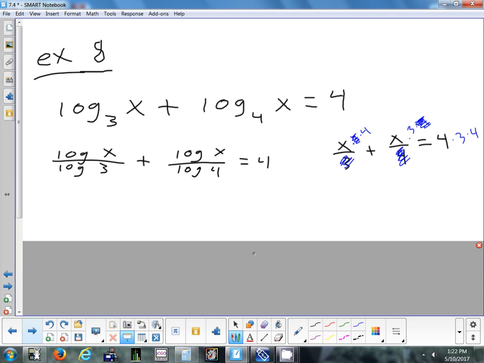Careful, not 3 and 4 worked on the other problem. But we don't have a 3 and a 4 in our denominator. What do we have? Log 3, log 4. So we're going to multiply by log 3, log 4.